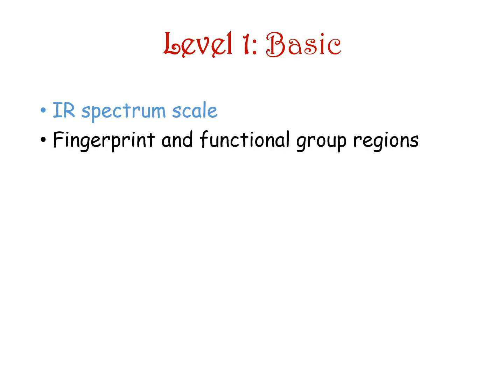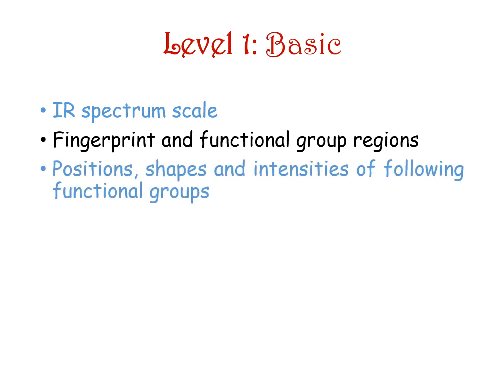So in this basic level, we are going to learn what is there on this spectrum scale, what is there on the X and Y axis, then what are fingerprint and functional group regions, why IR spectrum is called a fingerprint.